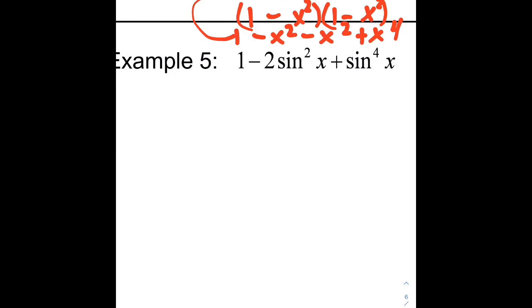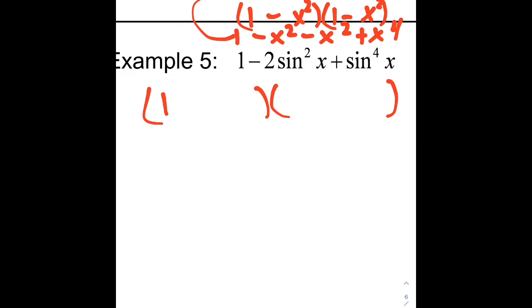What if I have 1 minus 2x squared plus x to the 4th? Same idea. How do I get the first term of 1? 1 times 1. How do I get the last term? X squared times x squared. Both have to be negative so that when I do my first, outer, inner, and last, it simplifies back to what I started with.